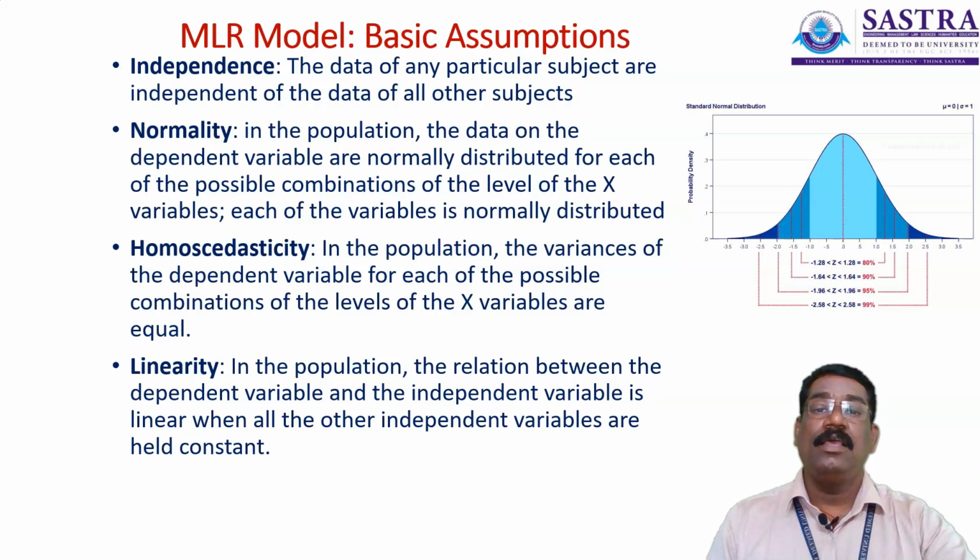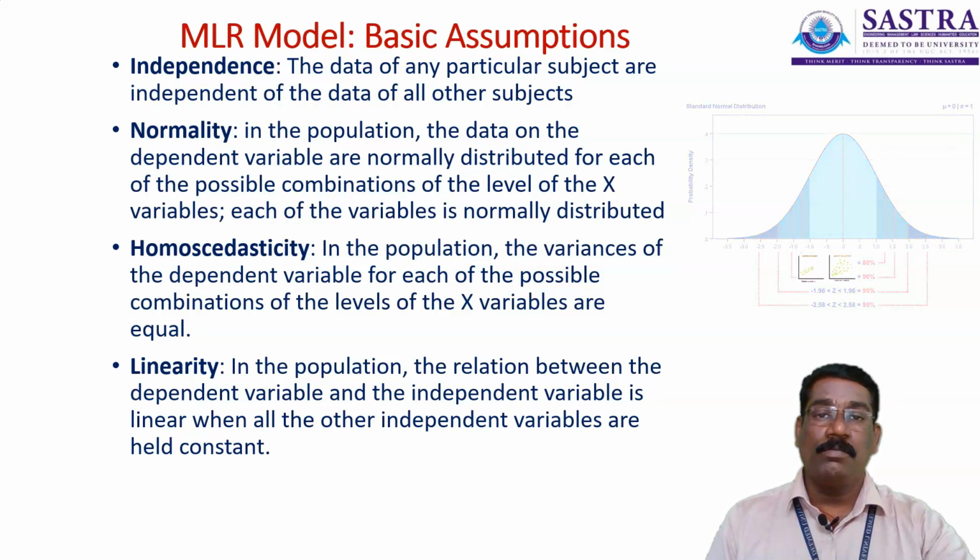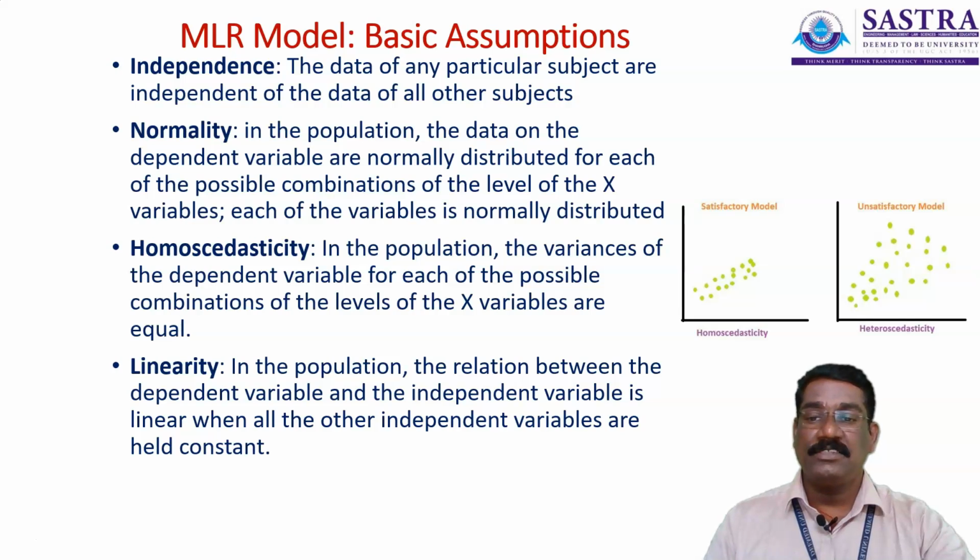In the population, the data on the dependent variable are normally distributed for each of the possible combinations of the levels of the X variables. If the data is normally distributed, then we can go for multiple linear regression analysis. Each of the variables should be normally distributed. That's the basic criterion for executing multiple linear regression analysis.